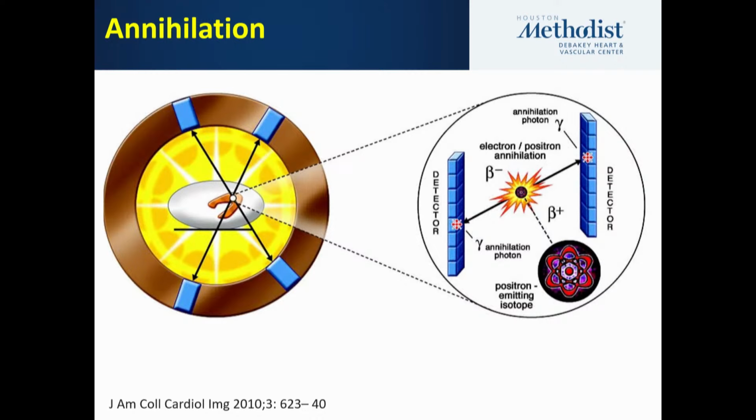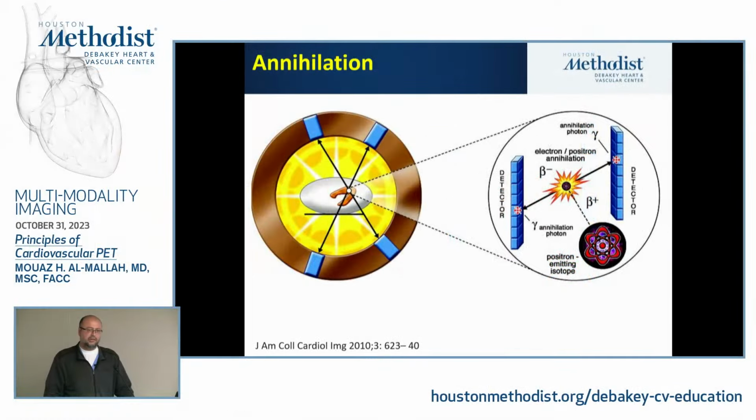With PET, when we inject the radiotracer, a positron is emitted, then it moves a little bit of a distance, and then it annihilates. When it annihilates, it gives two photons at 180 degrees. So technically, for every positron, you have 2 photons that are emitted on both sides.